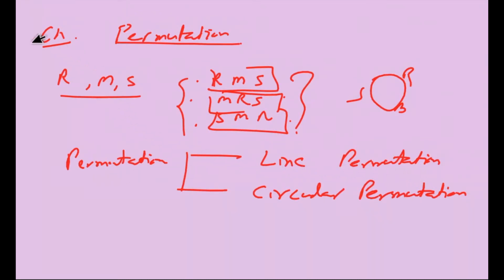Okay students? Now, if you want to take a photograph of three persons A, B, C, then how can you find the number of ways, or number of permutations? That is the line permutations.